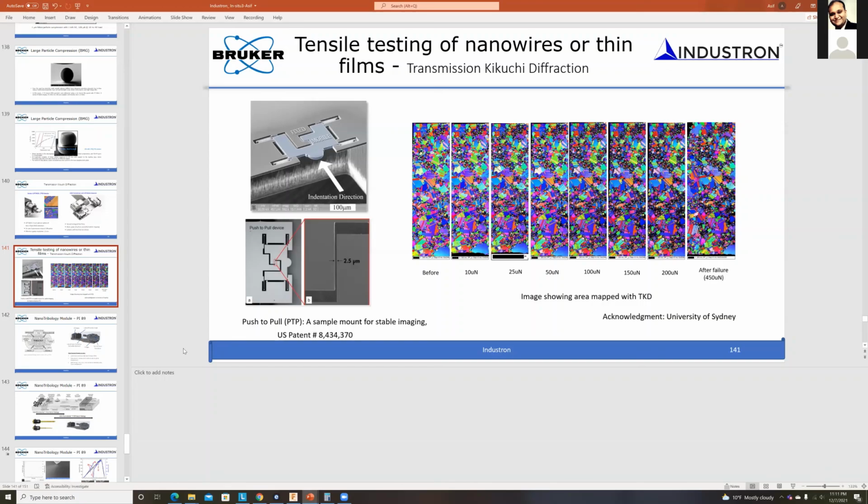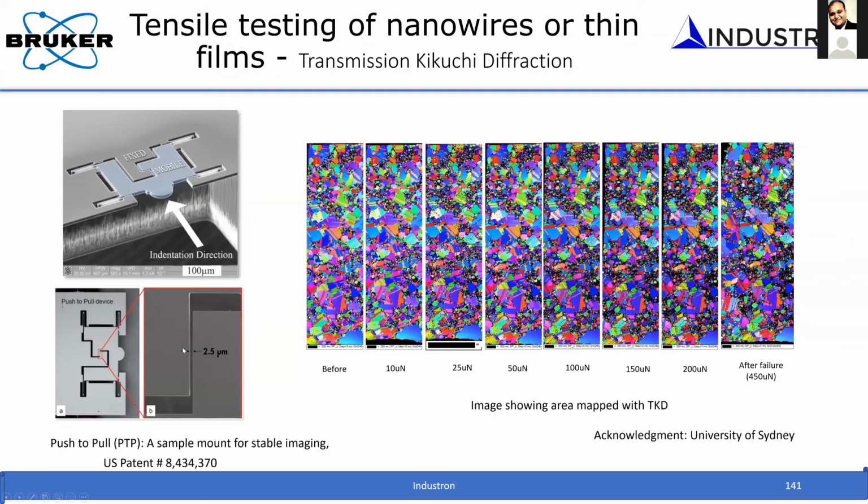If it is a thin film, you deposit the thin film on this device, so you have something in between the gap. Or if it is a nanowire, inside the SEM you have manipulators that you can use to bring the nanowire and anchor it over here, and you do platinum welding at both ends. So that gives you a way to do this.